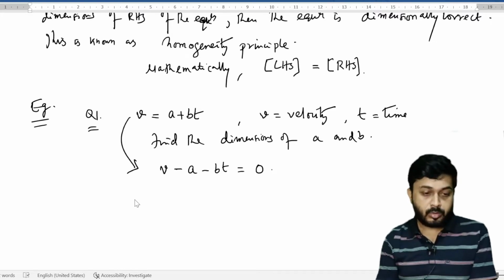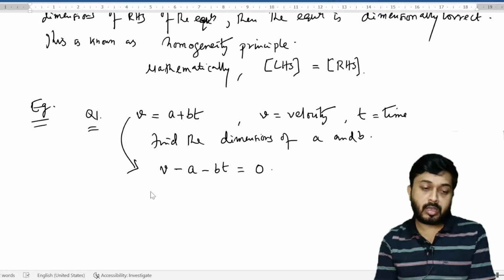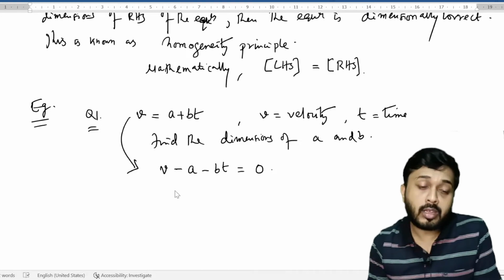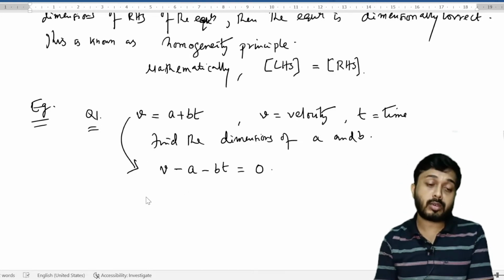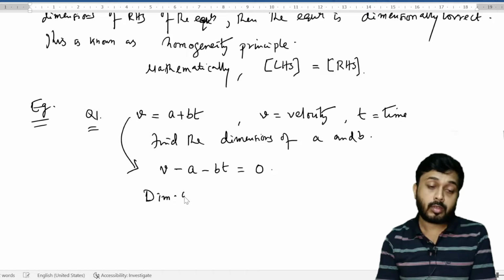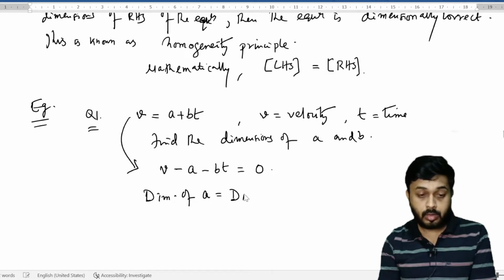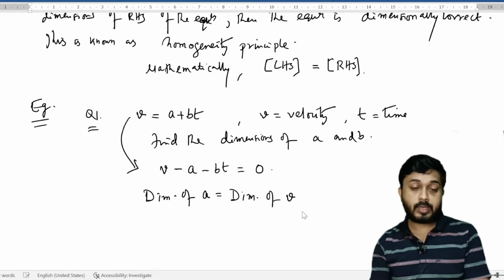So that's what I'm writing. For finding the dimension of A, I'm writing the equality relation between the first two terms, that is dimensions of A is equal to the dimensions of V. What is V? V is a velocity.